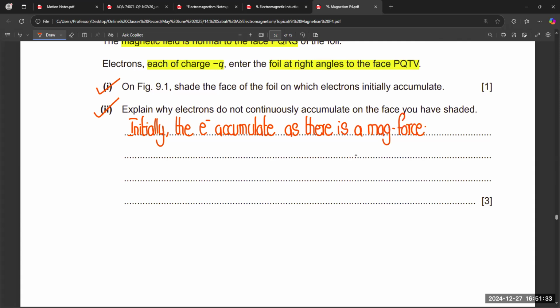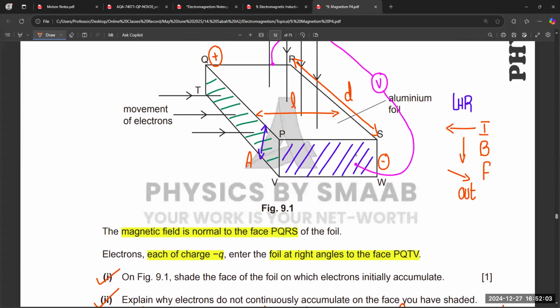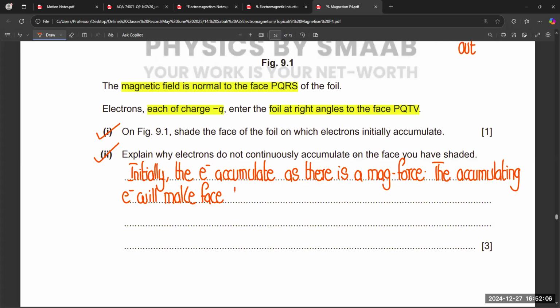Initially we are using the left hand rule, so there is only magnetic force acting, and then the accumulating electrons will make face PSVW negative.